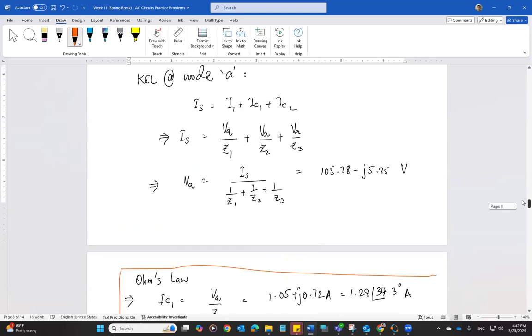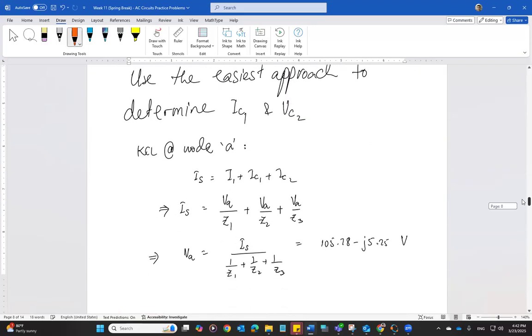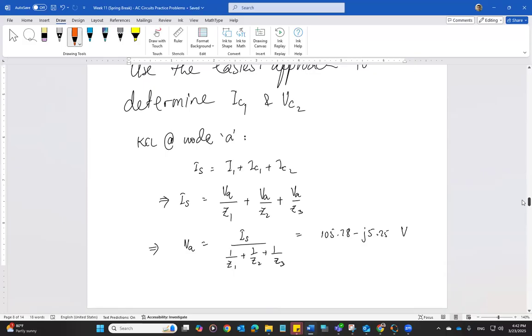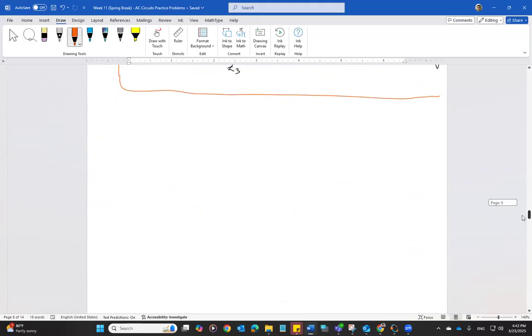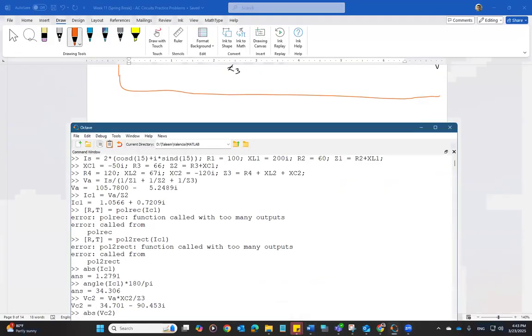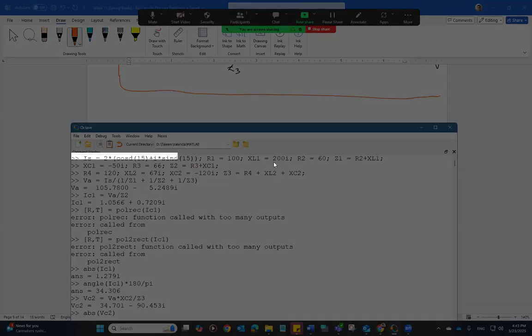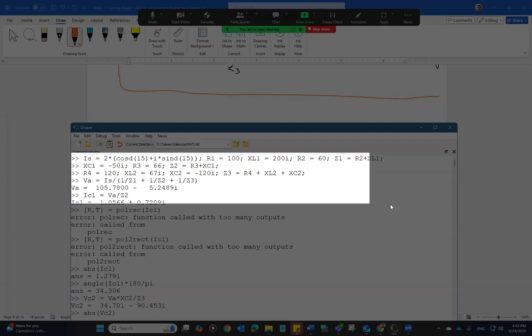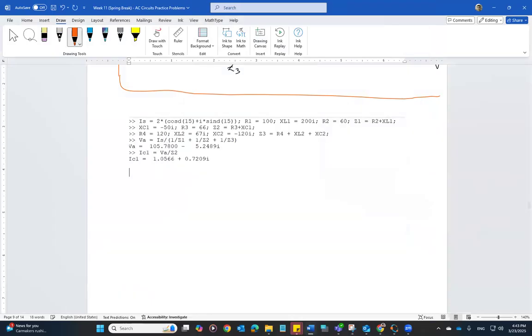As long as you're not putting numbers in right from the get-go, it's all just analysis, and then plugging in the numbers in MATLAB. That's it. So that is your work.